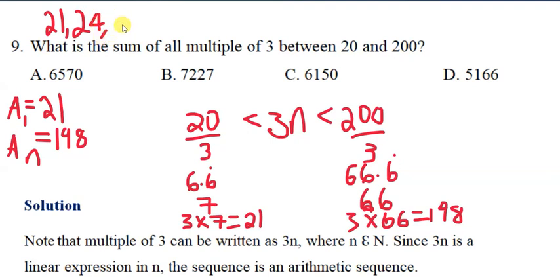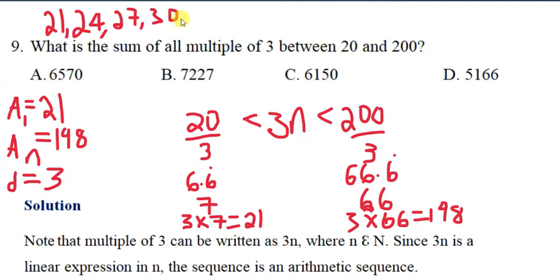And the next multiple of 3 is 27, and the difference between 27 and 24 is also 3. And the next term is 30, and the difference between 30 and 27 is also 3. And therefore this is an arithmetic sequence whose common difference is exactly equal to 3.